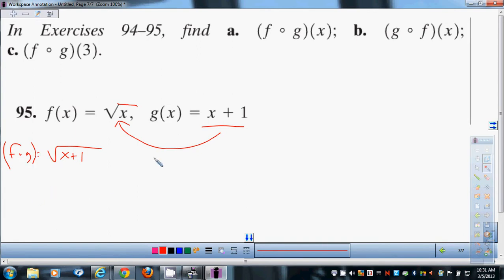You plug this entire function in for just the x over here. Very good. F of g of 3, what's the only thing we have to do? That's right. Go back up to the f of g function and plug in 3 for it. So that would be square root of 3 plus 1 or 2. Or negative 2. Questions about compositions? There will be at least one composition problem on your midterm.